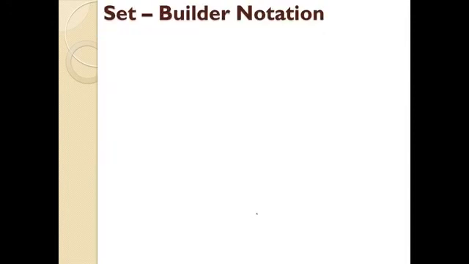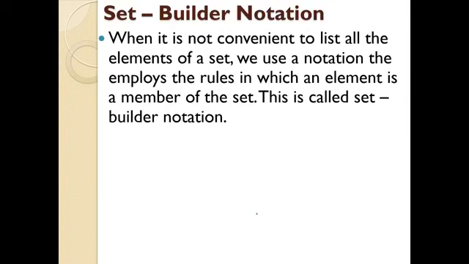Now let's have the set builder notation. This is another way on how to describe a set. You already know how to do the roster notation. Let's have the set builder notation. When it is not convenient to list all the elements of a set, we use a notation that employs the rules in which an element is a member of the set.